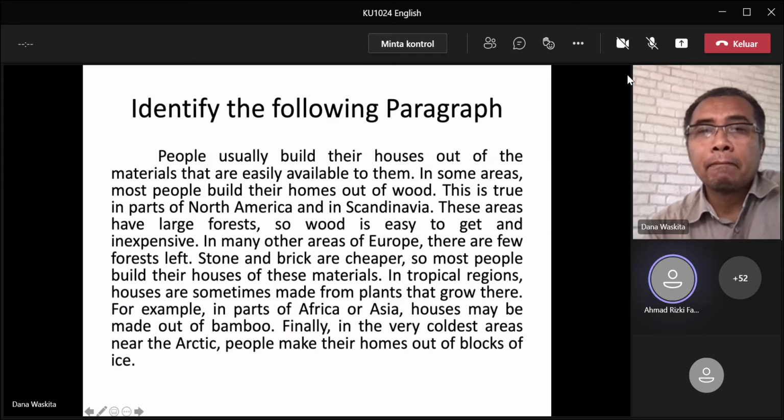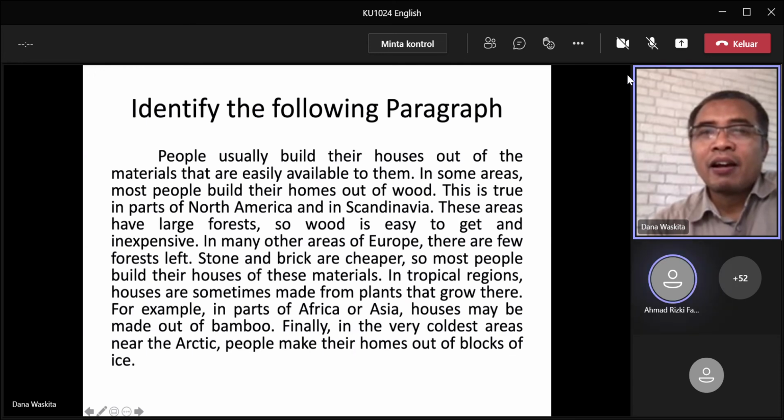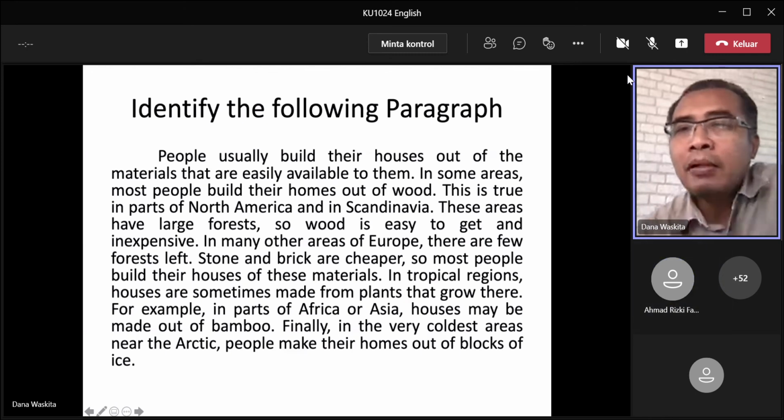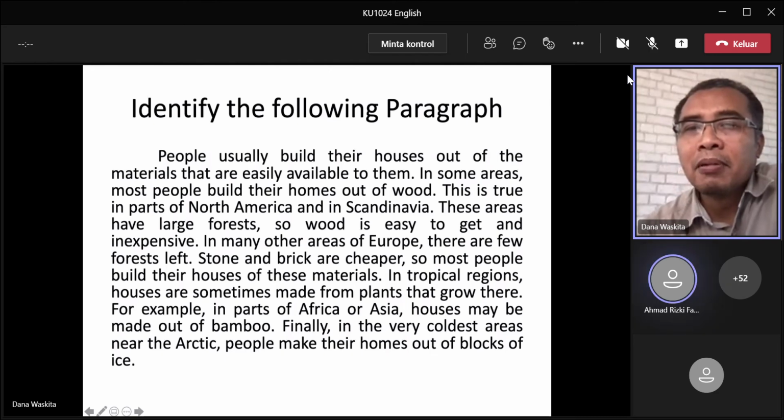Yes, sir. Because the supporting sentences give explanation of how people build their houses with different materials, by giving examples, right?